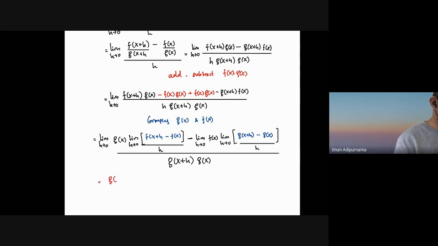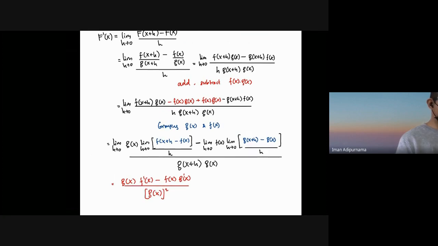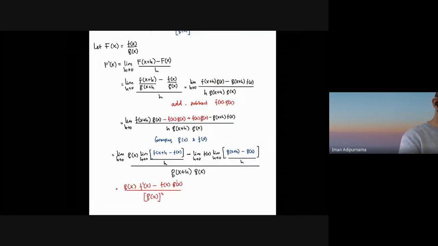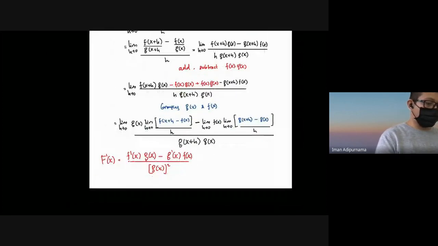This will be g of x, f prime of x minus f of x. This is g of x. Or maybe you can start with f prime of x, and maybe make it similar to the first product rule. And yeah.